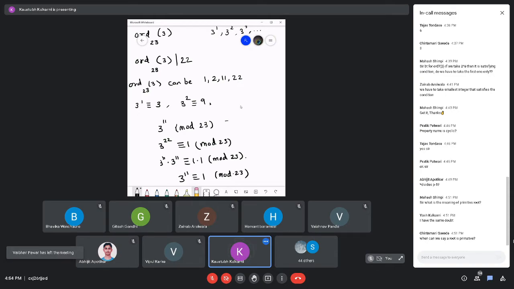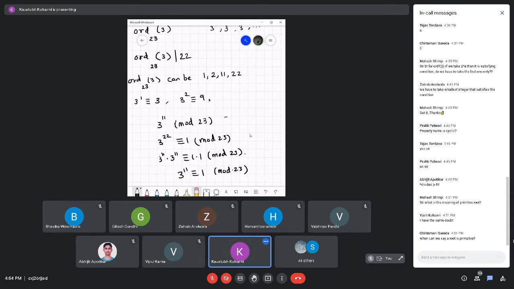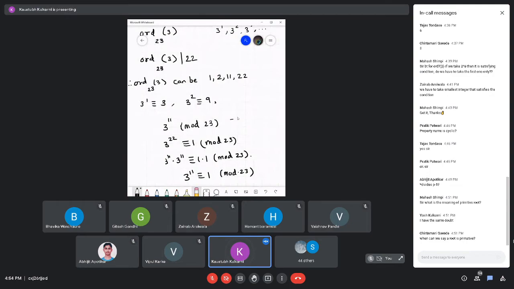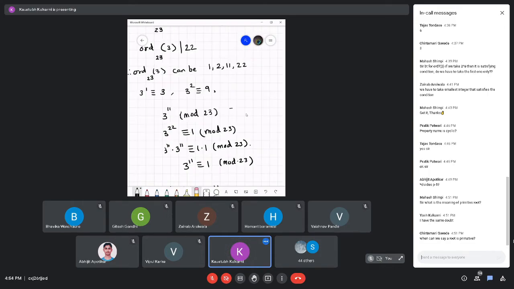The order is the lowest power for which, when you take the modulus, the remainder is 1. So 22 is not the lowest power; 11 was the lowest power.